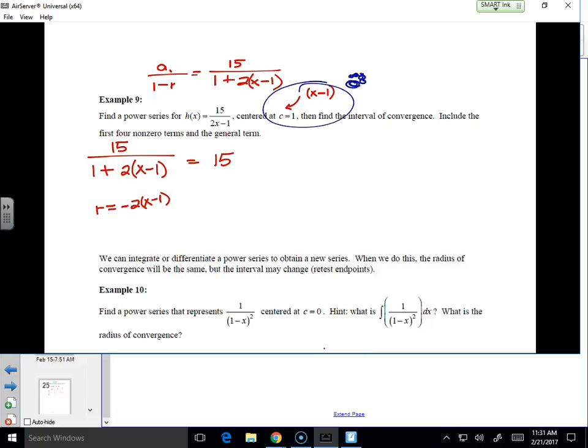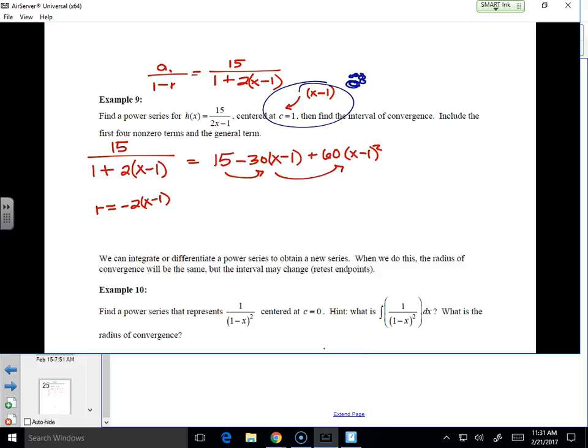And it's going to be a negative because it's 1 minus a negative. So we can say 15 times negative 2, isn't that going to be negative 30? Plus, what's our next term going to be? 25x minus 1 squared. Careful. Times negative 2x minus 1 times negative 2, wouldn't that be 60?